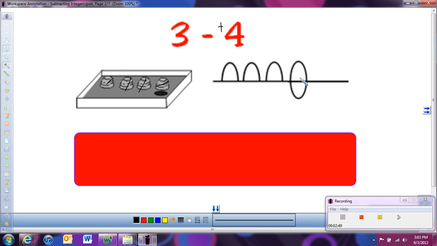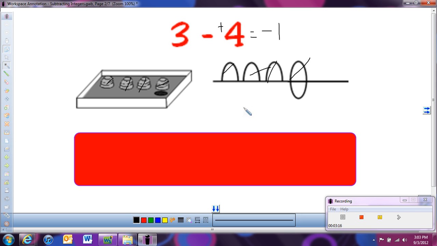This just gives us an idea over here of what it would look like, and this is not our actual answer, that's just what this looks like over here. We haven't actually solved the problem, which says take away 4 of those hills. So 1, 2, 3, 4, and we can see in both cases that we're left with 1 hole, or -1.